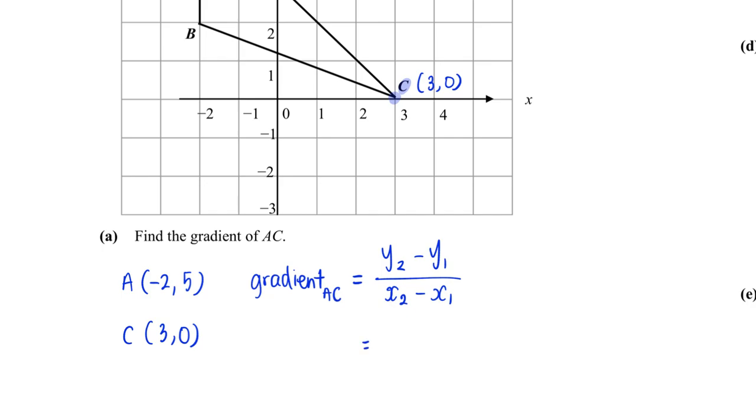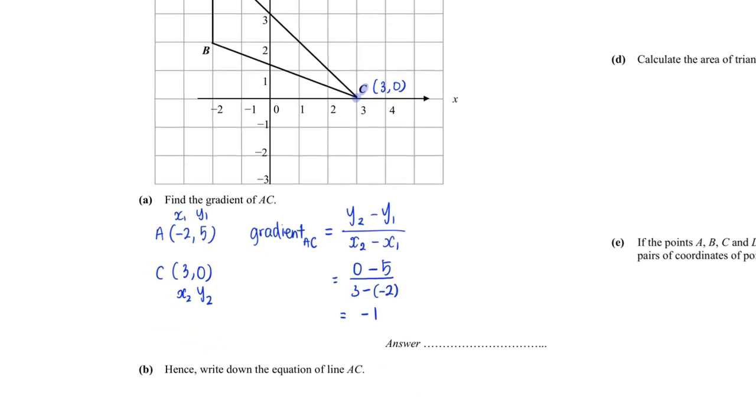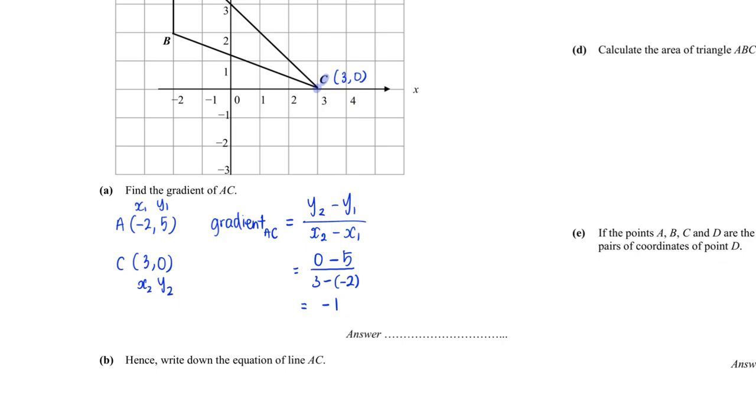So it's my x1, y1, x2, y2. So I'll have (0 minus 5) over (3 minus negative 2). And this will give me a value of negative 1. And that will be the answer for part A.